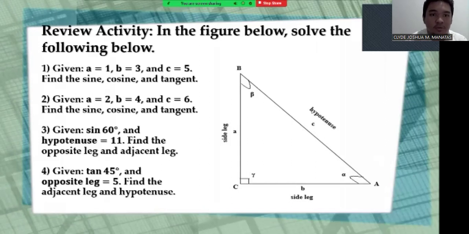Yesterday we talked about the trigonometric ratios on right triangles and special angles, particularly focusing on SOHCAHTOA, which is the sine, cosine, and tangent. Now, let's have a review activity. All you have to do is answer the following. I'll give you 5 minutes to answer this.